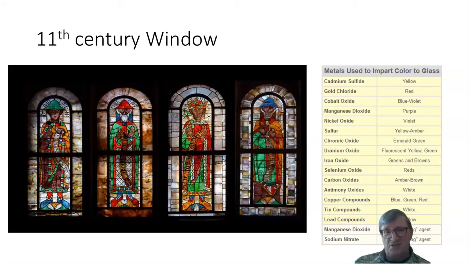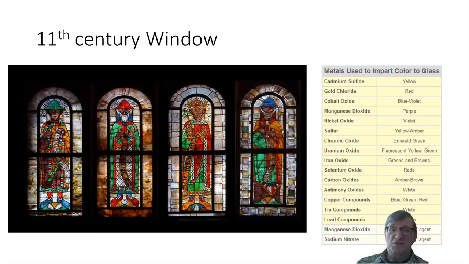Let's see, I included this picture just to show you, this is an 11th century stained glass window from a church in Ireland, I think. When you look at how vibrant the colors are, all those colors come from various metals.